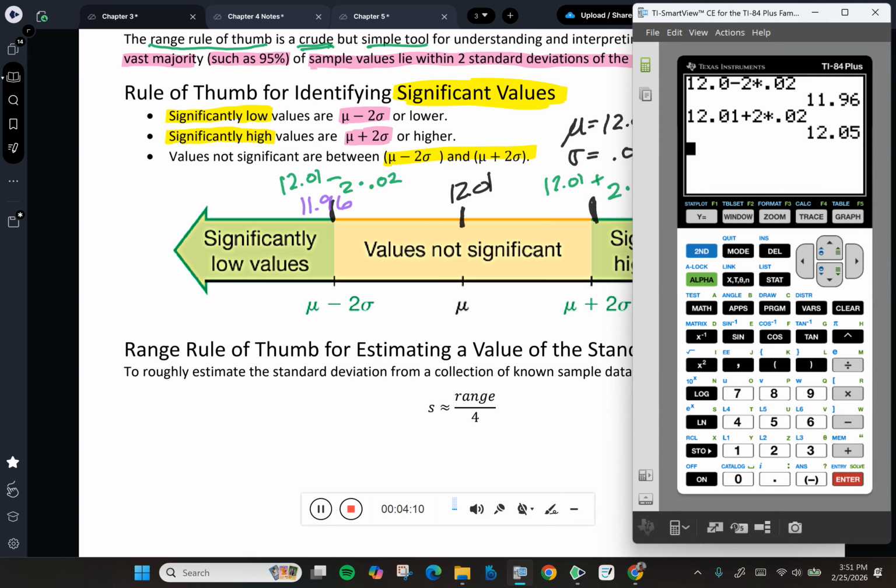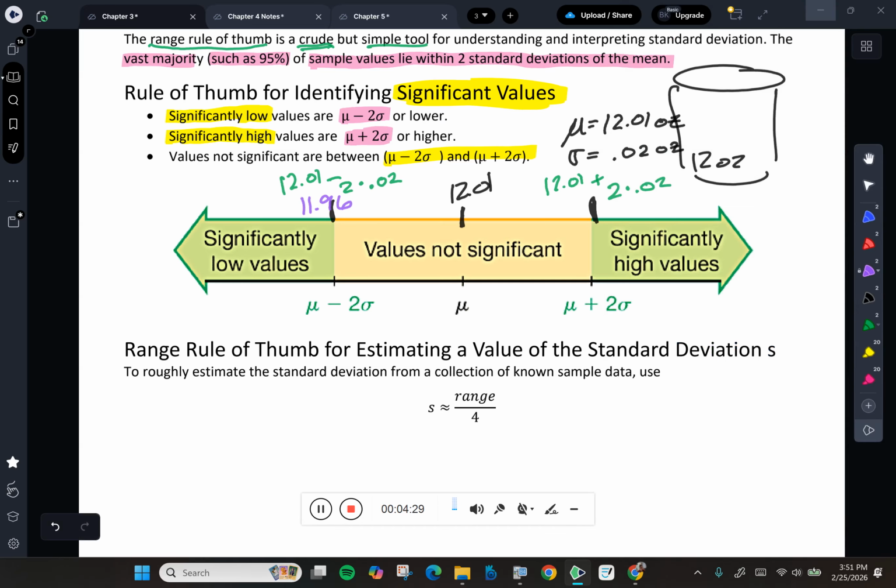And I just realized there's a mistake up there in the 12.01 for the lower limit, minus 2 times 0.02. Do you see the mistake? I didn't put the 0.01 in. It's actually 11.97. So let me fix that. So this one down here is 11.97, not 11.96. Sorry about that.